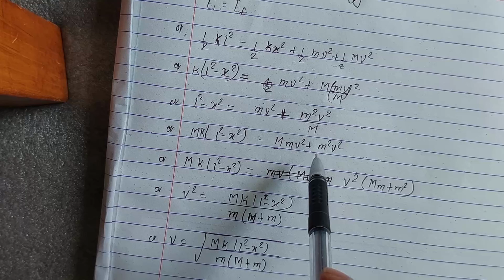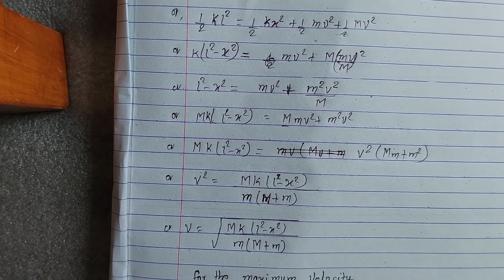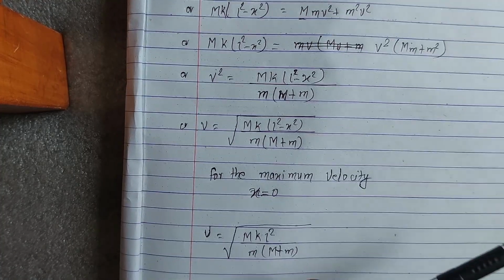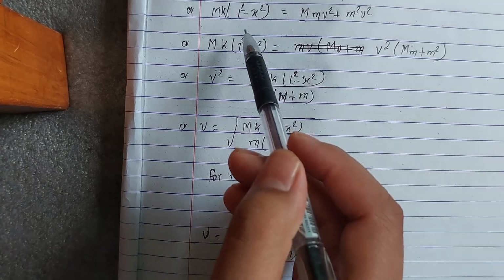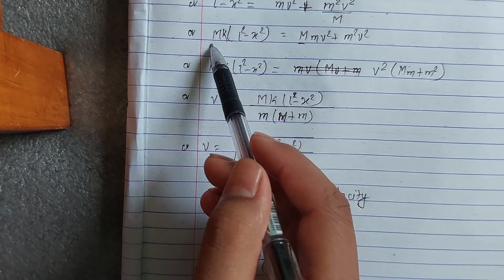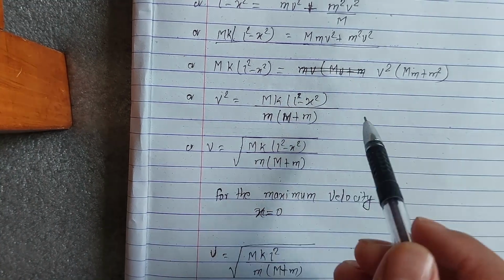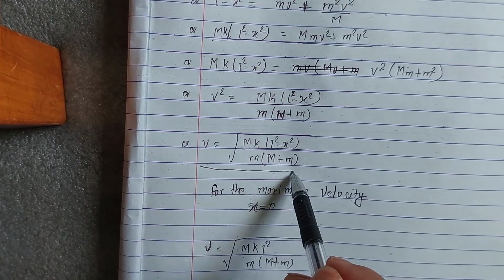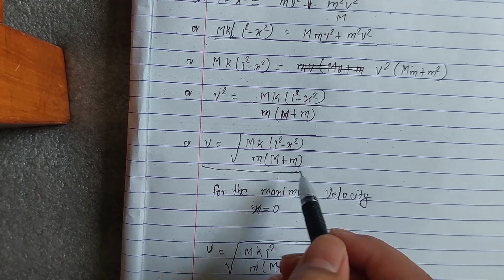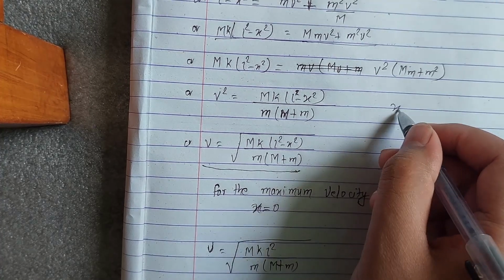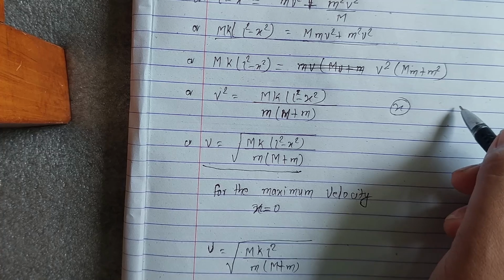By solving this step by step, we got the expression for v, and this expression. And for the maximum velocity, x must be 0.